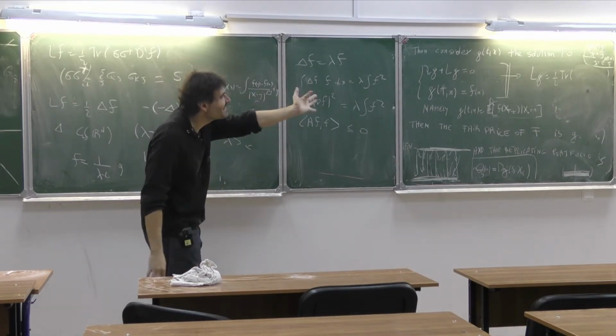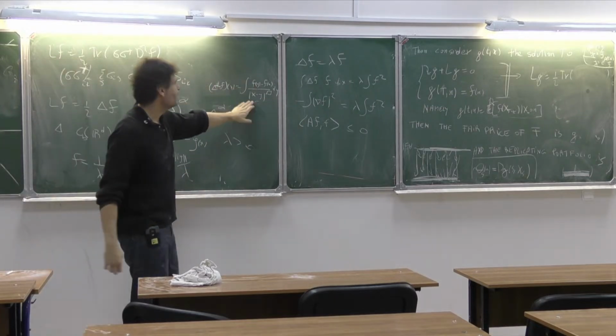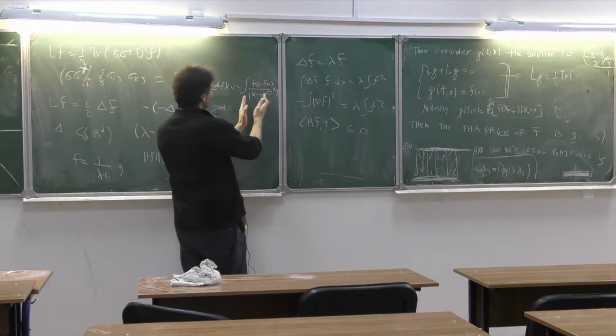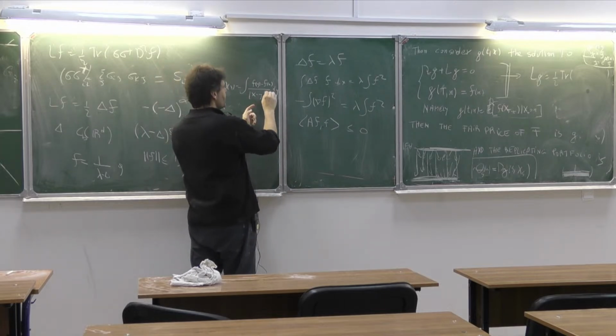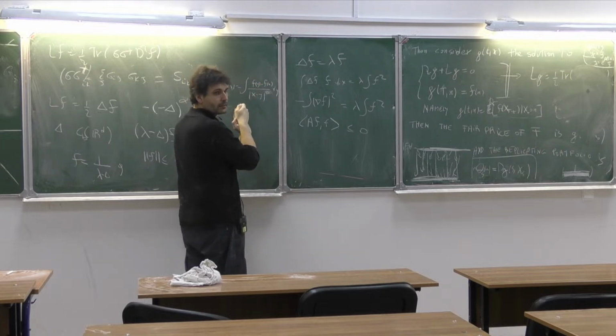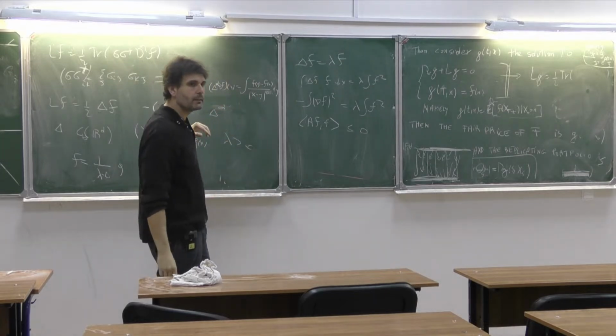So the PDE is a bit less simple, but it's still a linear equation. The more this power is close to 1, the more this integral only integrates when x is very close to y, and at the end of the day makes it a derivative. But in general it's just a non-local operator.